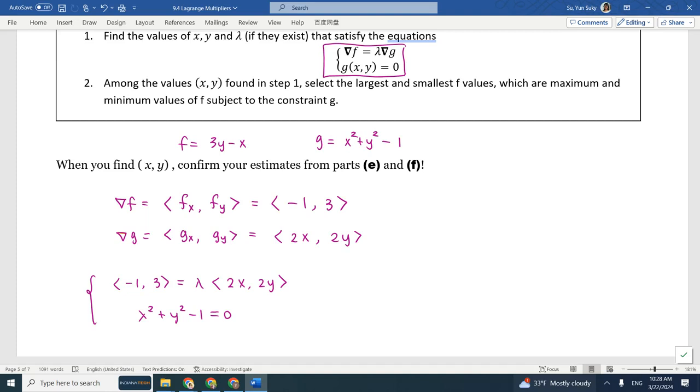But the first one is a vector equation. When you look at a vector equation, you look at each component respectively. Can you see we look at the first component? It tells us that -1 is lambda times 2x. Right, everybody? That's the first component. How about the second component?